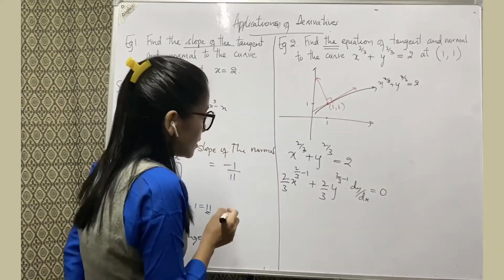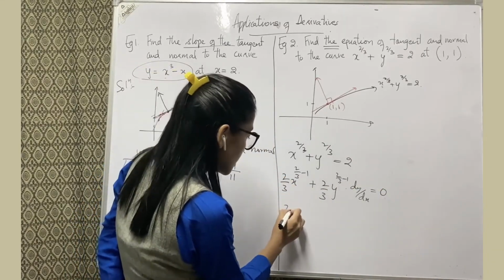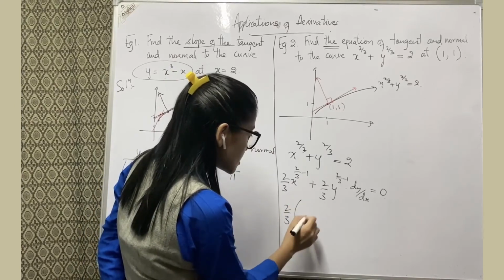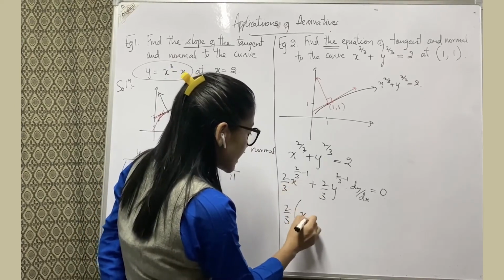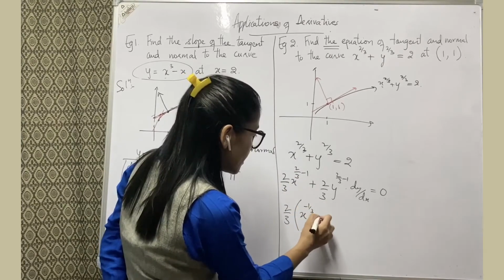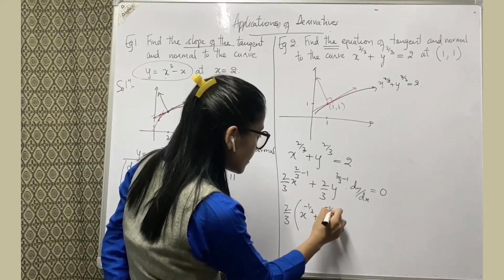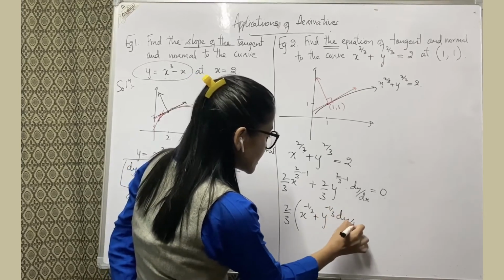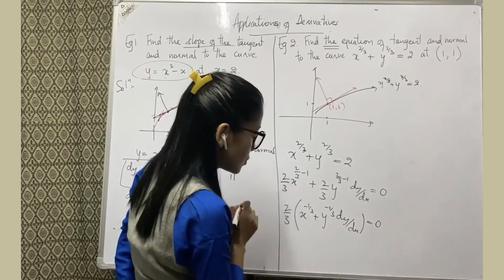Take out 2 by 3 common. So this is x raised to negative 1 by 3 plus y raised to negative 1 by 3 dy by dx is equal to 0.